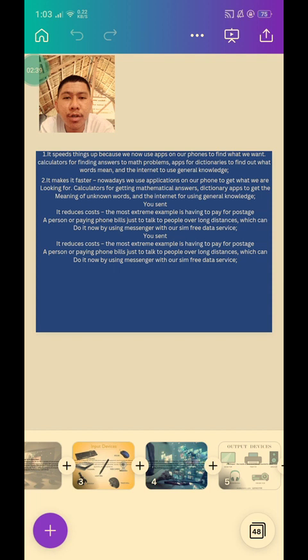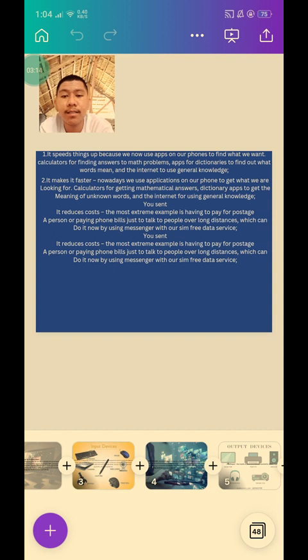Nowadays we use applications on our phone to get what we are looking for, calculators for getting mathematical answers, dictionary apps to get the meaning of unknown words, and the internet for using knowledge. Yun daw po ang nagagawa ng calculator at saka dictionary. Nakakatulong rin po ito sa mga kabataan, lalo na po sa mga gustong matuto ng iba't ibang lingwahe o language.